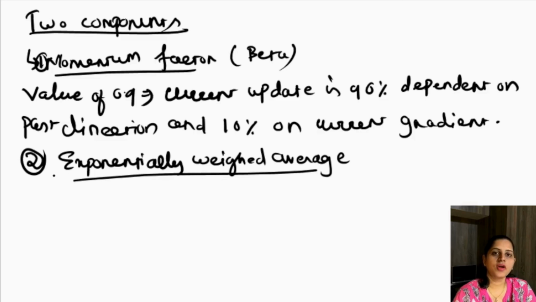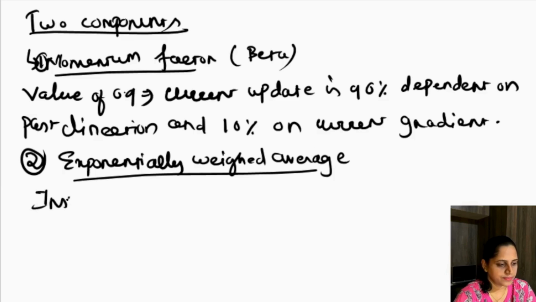So we all know that we have the method, right? Where it is taking the weights and the gradients, and taking the average of them. That's called an exponentially weighted average. So how is it happening?